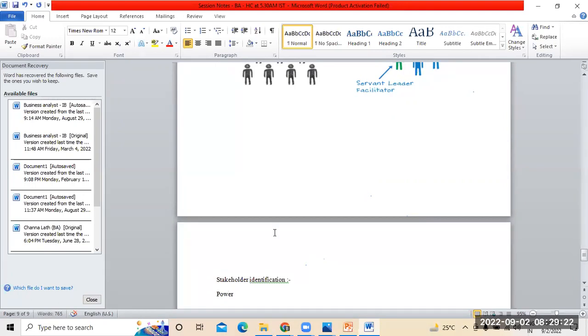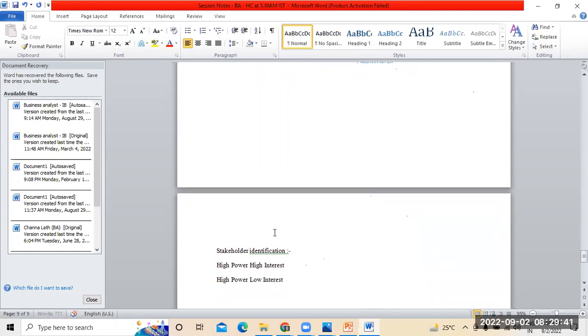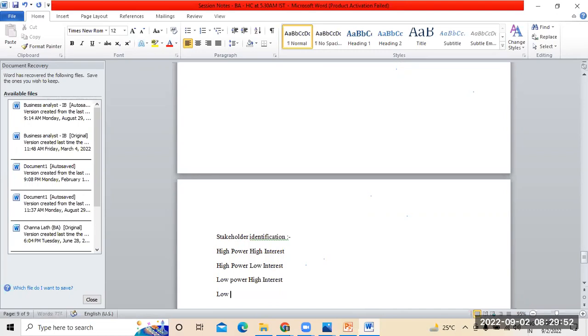So we are classifying this again into a few different parts: high power, high interest; high power, low interest; low power, high interest; low power, low interest.